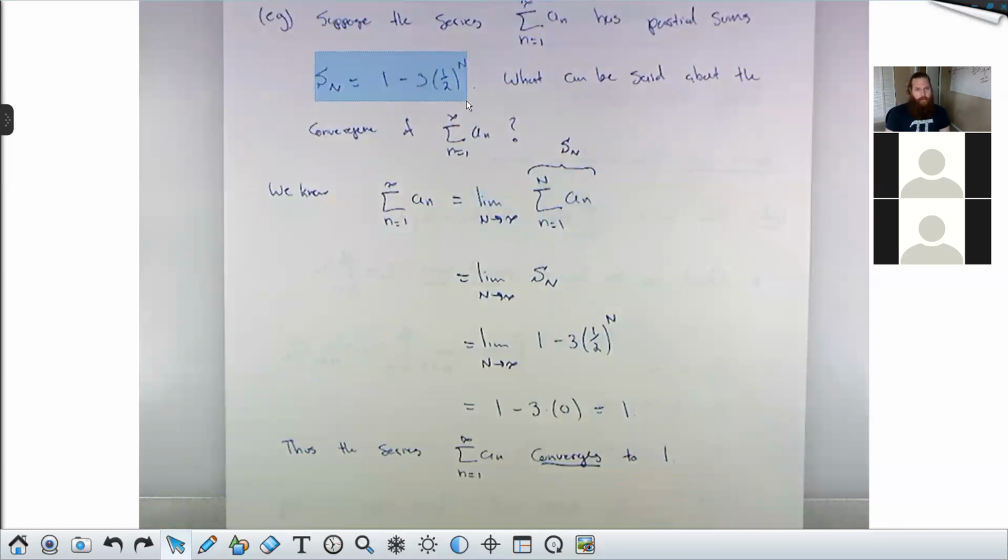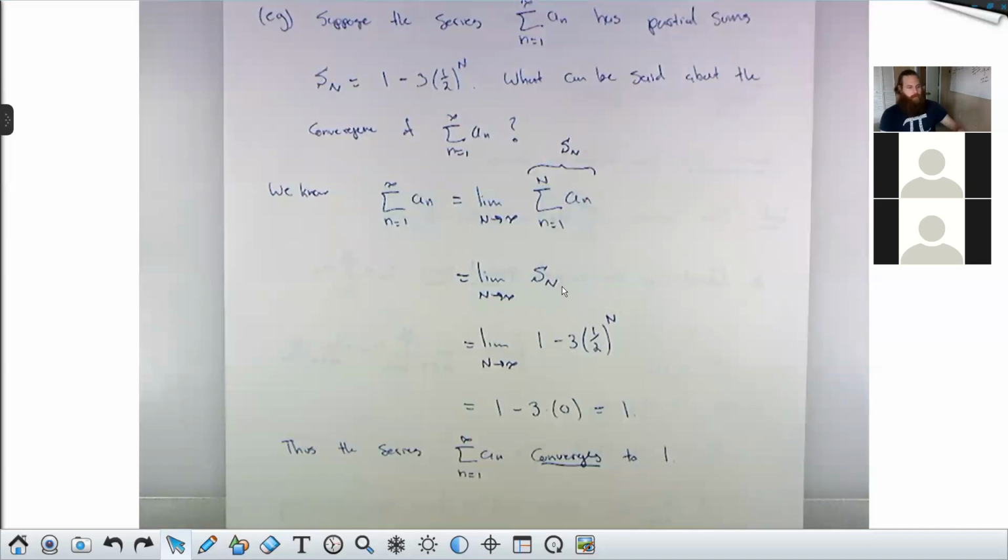They gave us a formula for the partial sum. So there's a problem or two like this in your homework where I give you a formula for S_n and I ask you what's going on with the series sigma a_n. And just remember that the series sigma a_n is defined to be the limit of the partial sums, the limit of the S_n. That is the nice, easy way to go about this.